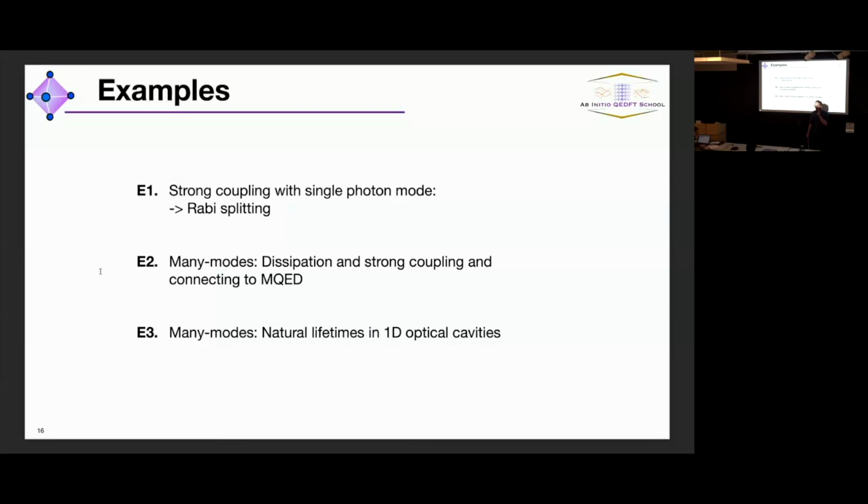For example, if it's just in the x direction, it will only couple transitions which are allowed in the x direction. Then some of these off-diagonals may be zero. So there may be a smart way to exploit sparsity there, particularly if you have many modes.